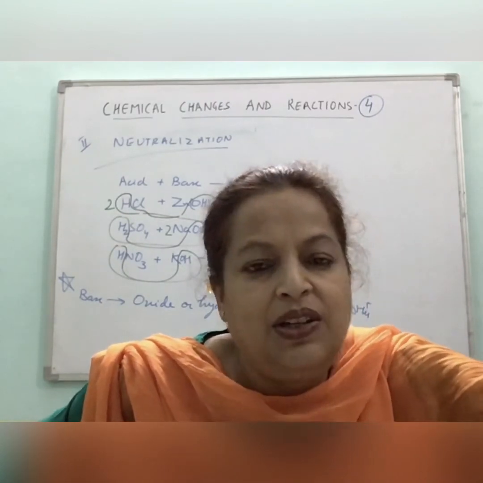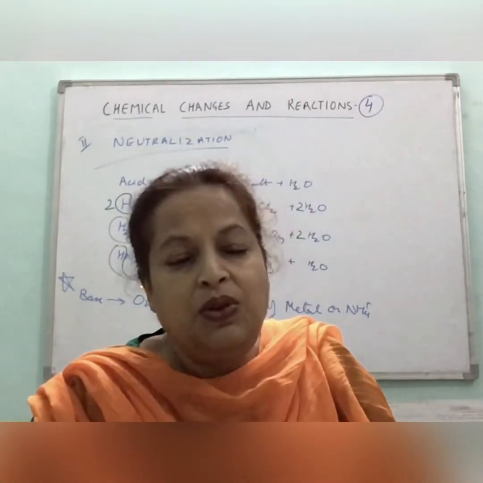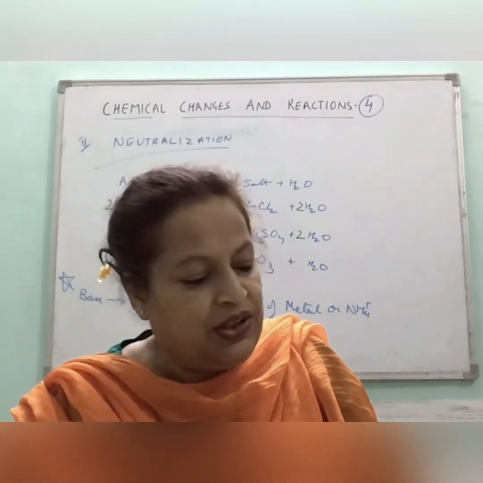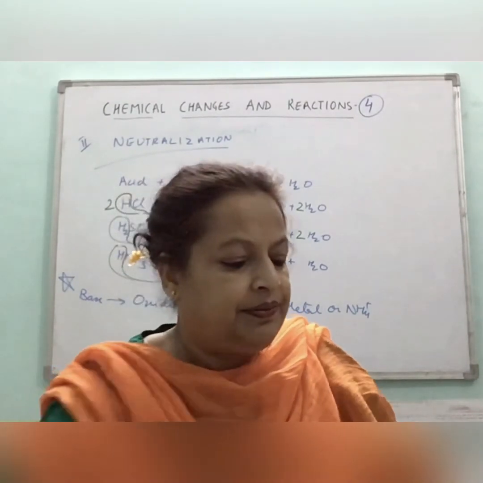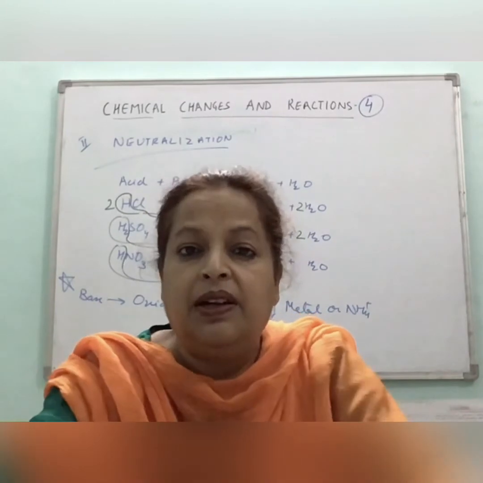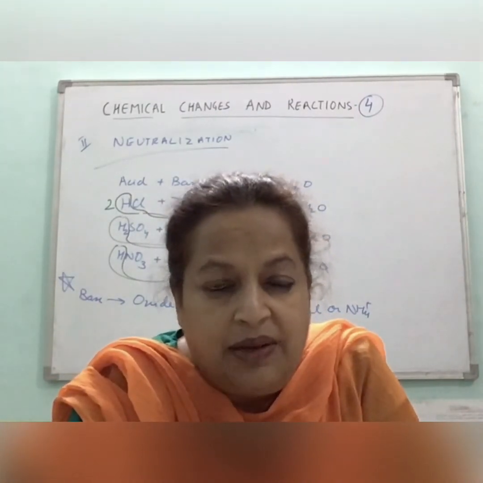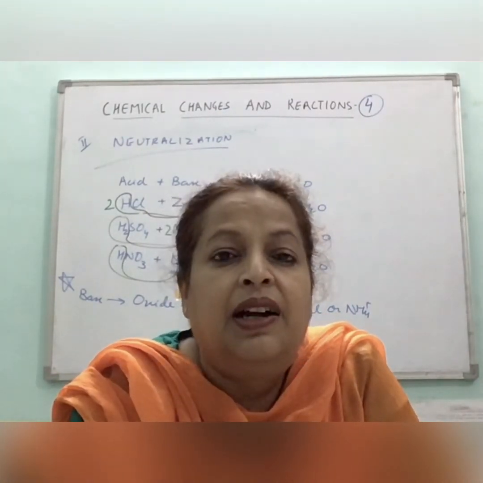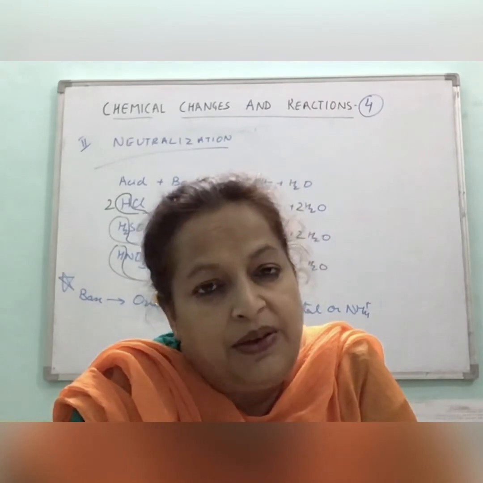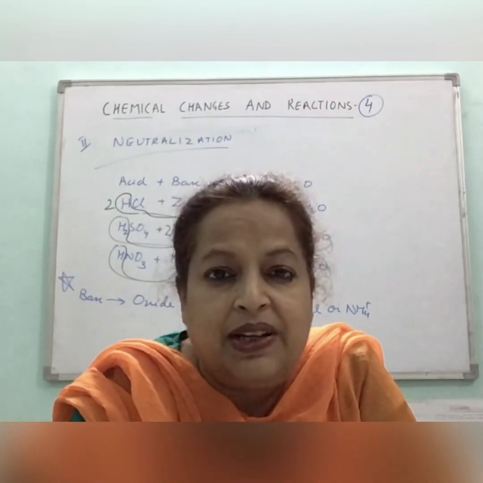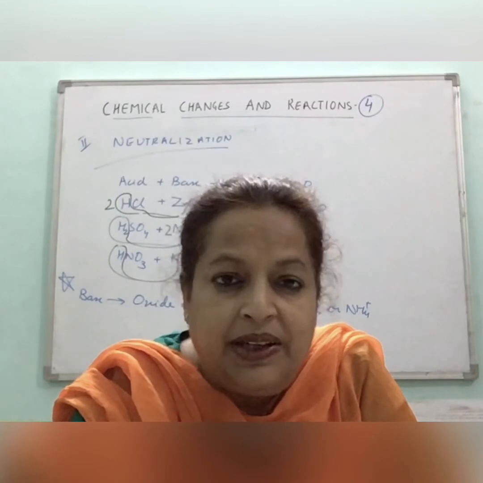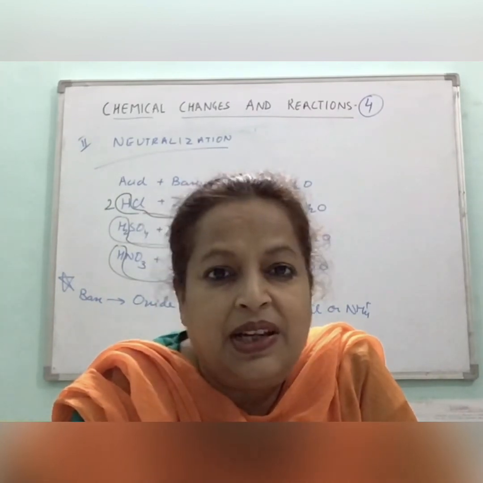Right children? So make the notes of this double decomposition type of reaction, and memorize the solubility chart, because you have to memorize it, and the two definitions, precipitation and neutralization, and examples of that. So complete this, then we'll continue in our next class.